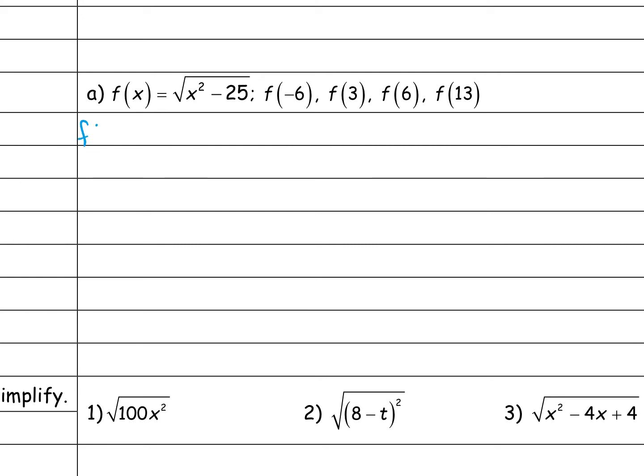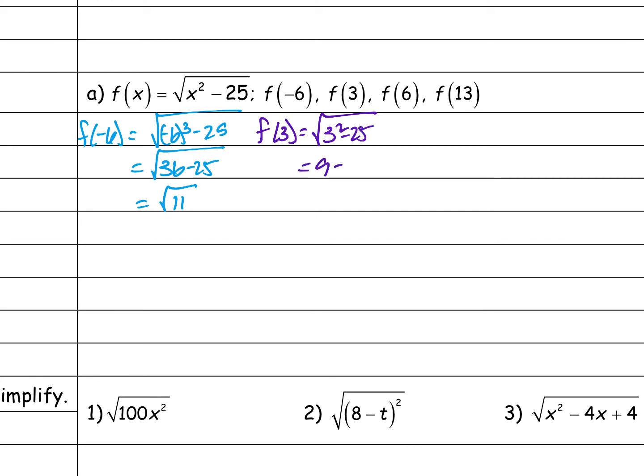Okay, let's do f of negative 6. I haven't done the math in my head yet, so hopefully I've figured it out. I'll probably subtract wrong, by the way, you guys. 36 minus 25. Oh no, I think that's the square root of 11. Boom. Okay, so f of 3 squared minus 25, 9 minus 25, negative 16.